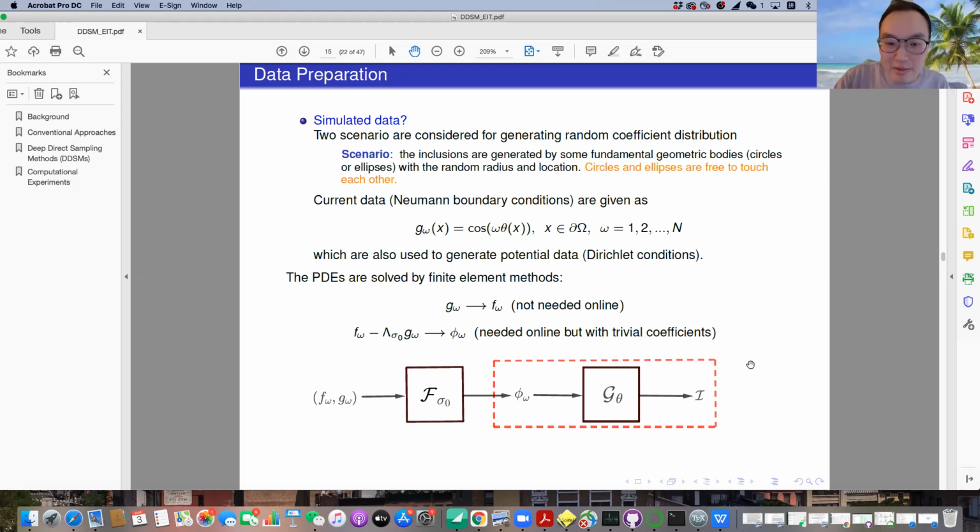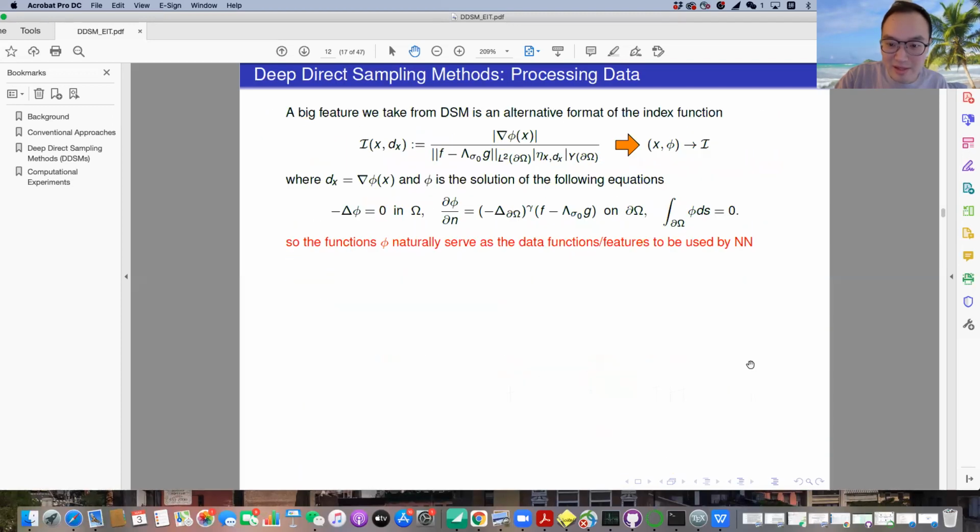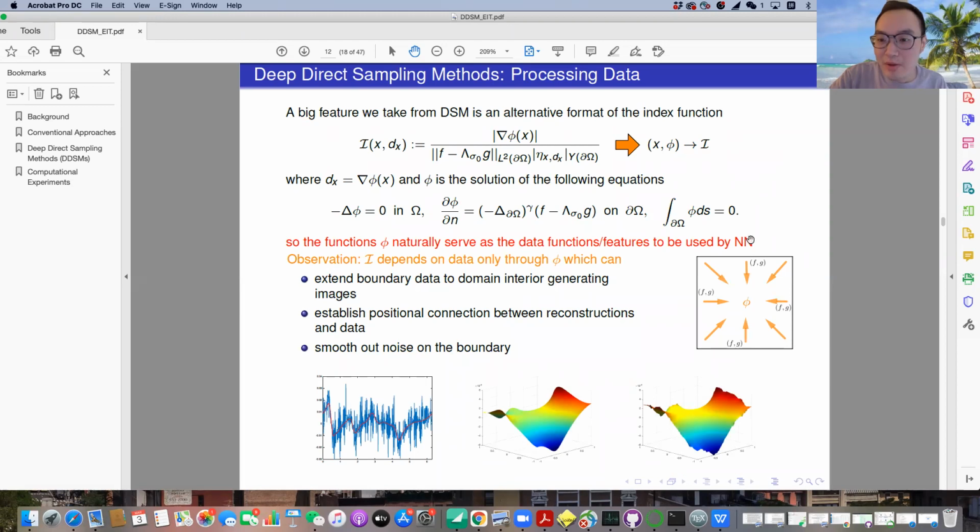Oh yeah. So the key is, I think I should go back to this slide. Originally we only have the boundary data, and we tested that if we only put the boundary data into a neural network, it is really difficult to train because you don't have the positional connection between your input and your output.